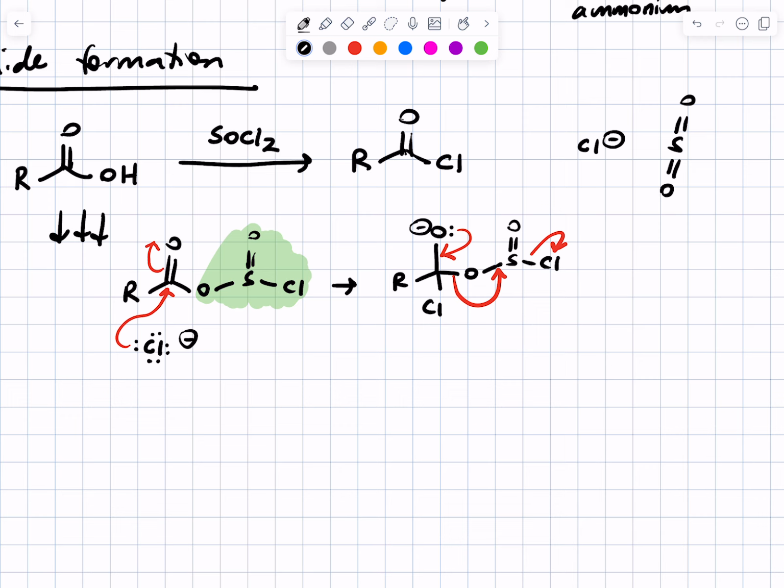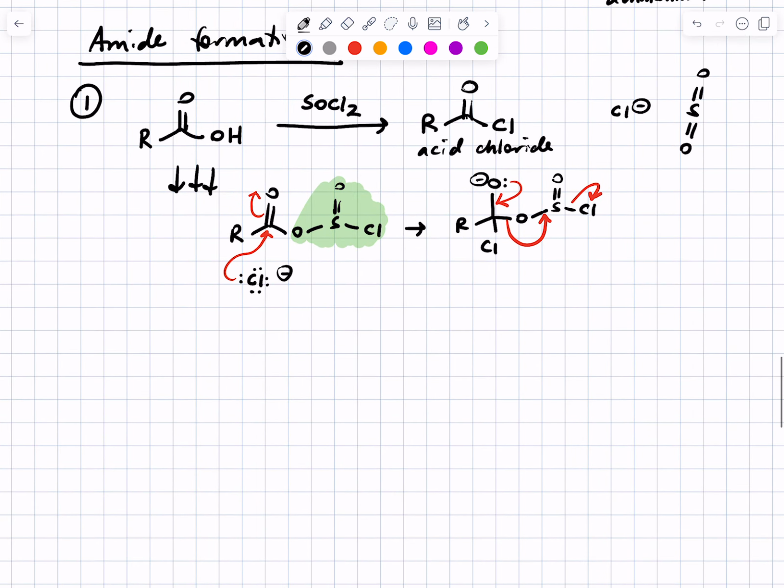So SOCl2 is our sort of cheat reagent because it takes the carboxylic acid, sidesteps the acidic proton, and turns it into an acid chloride. And then, once we're at the acid chloride, we can do whatever we want with it, including making an amide bond.